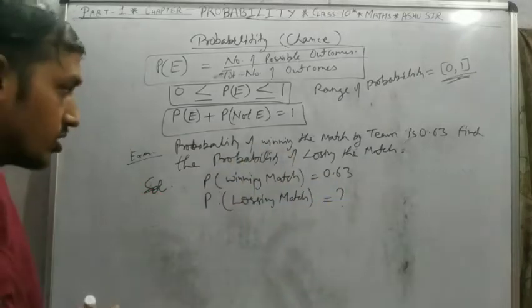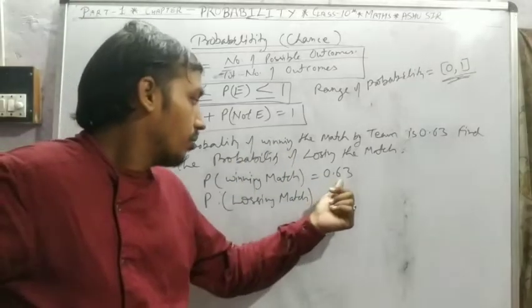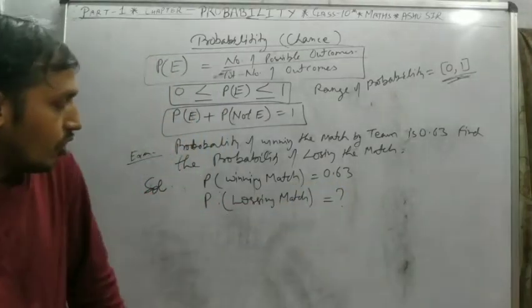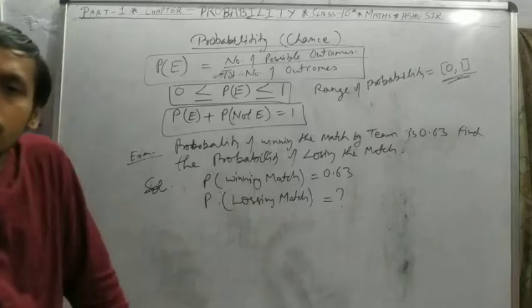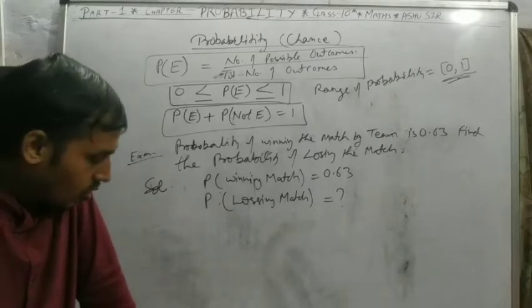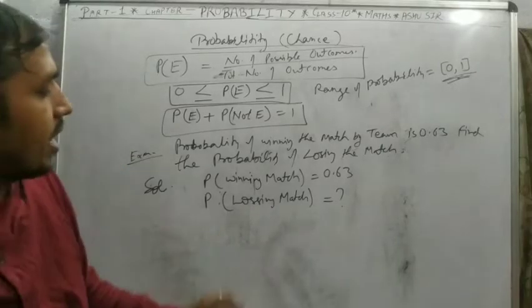Same concept: the probability of the outcome occurring is given, we want the probability of it not occurring. So we want to find the losing of the match directly.